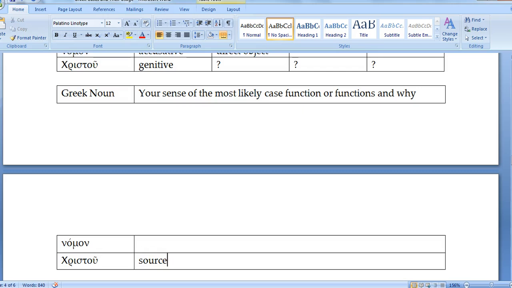I think Longenecker also regards it in this way because he explains the law of Christ in parallel with the law of Moses. And the genitive of Moses is clearly disambiguated in the direction of source, Moses the lawgiver. The law of Moses, the law that Moses gave. So the law of Christ, the law that Christ gave.